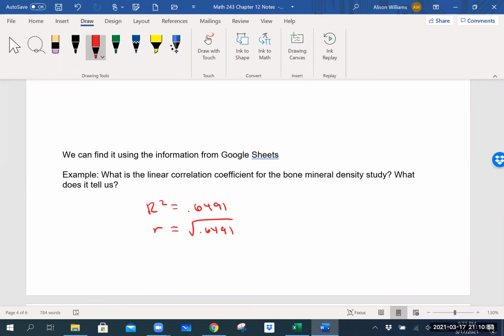All right, I am getting 0.80. I'll just round to 0.806. I mean, I could have done 0.805, or actually 0.807 if I was rounding. Okay, now the question is my value positive or negative? And that depends on my linear relationship.